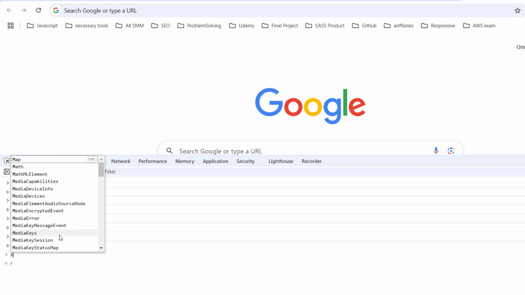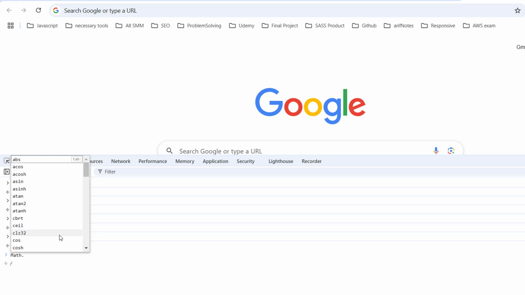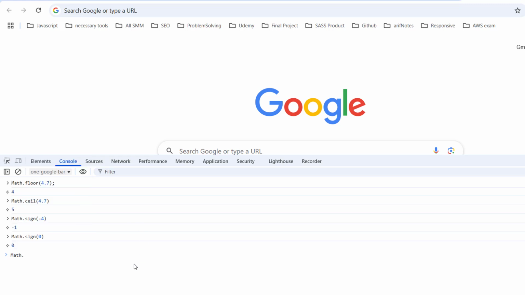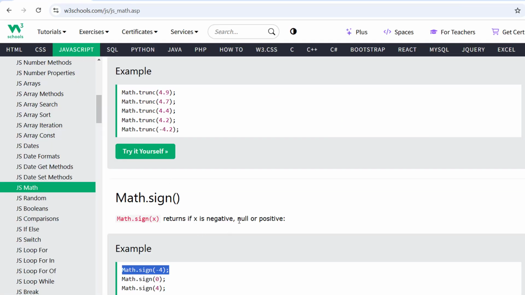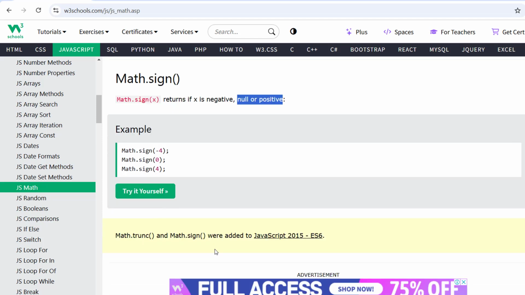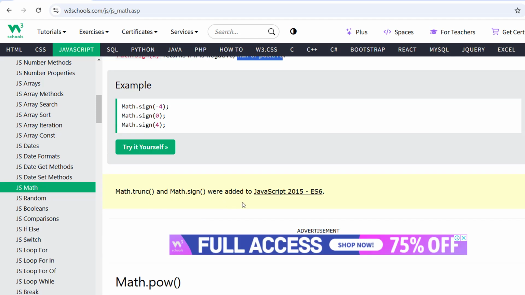Math.sign of any positive number, say 7, it is plus 1. So it will return three things: minus 1, plus 1, or 0. Math.trunc and Math.sign were added as part of ECMAScript.